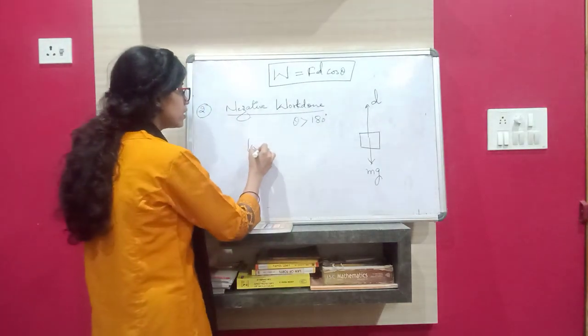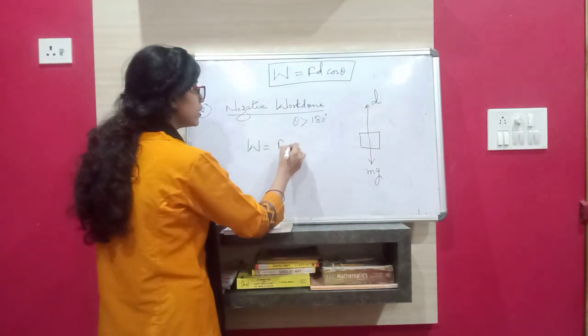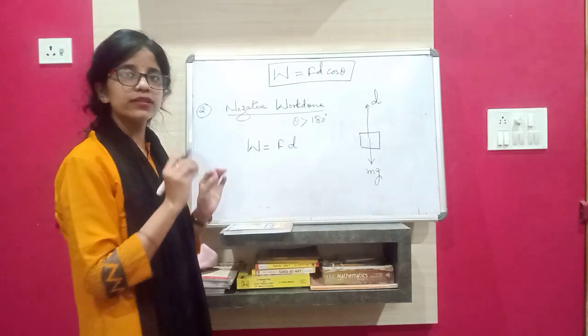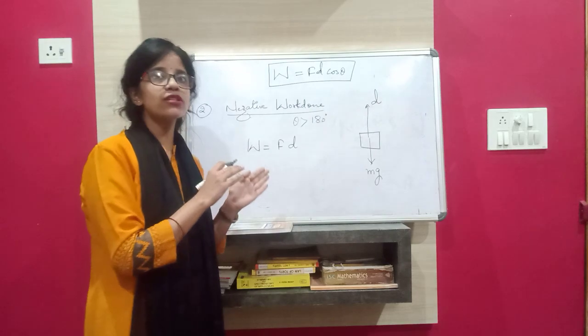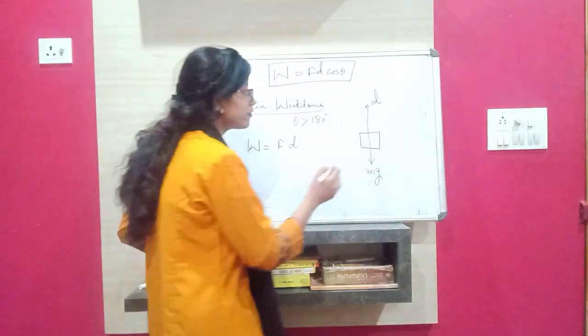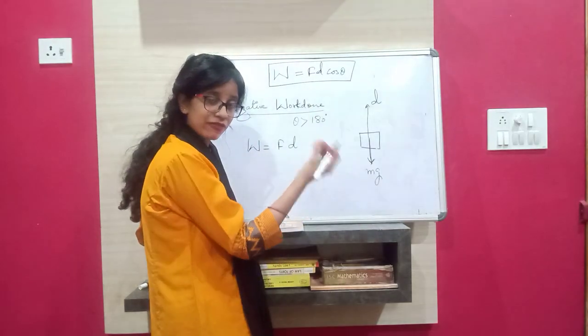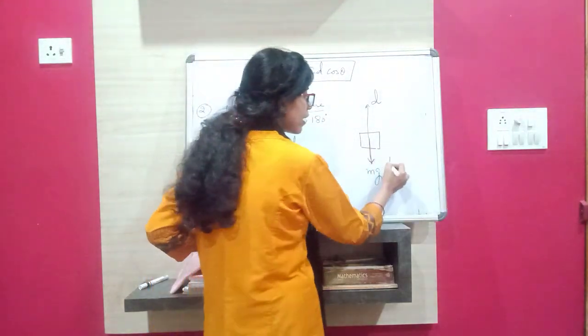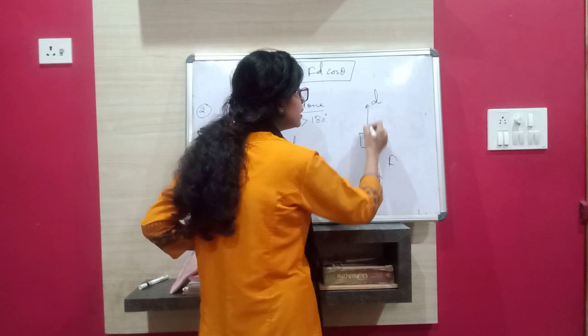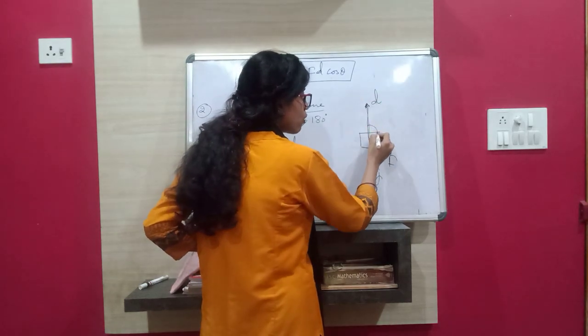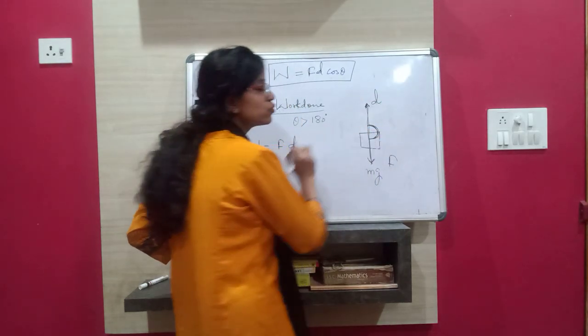So now work done will be F d cos theta, and theta is the angle between force and displacement. So now if you see, beta, force, that is gravity, or weight, is acting in the downward direction. So F is in the downward direction, D is in the upward direction. What is the angle between the two?